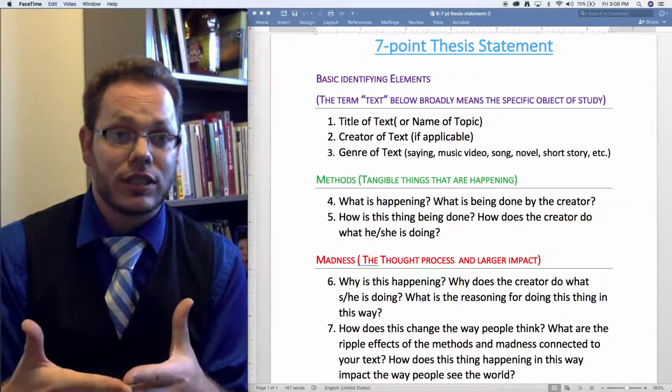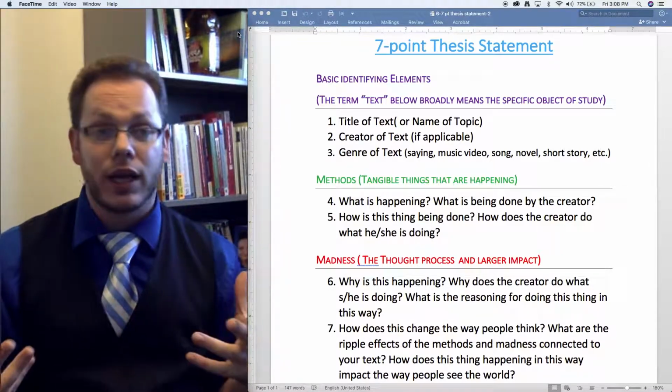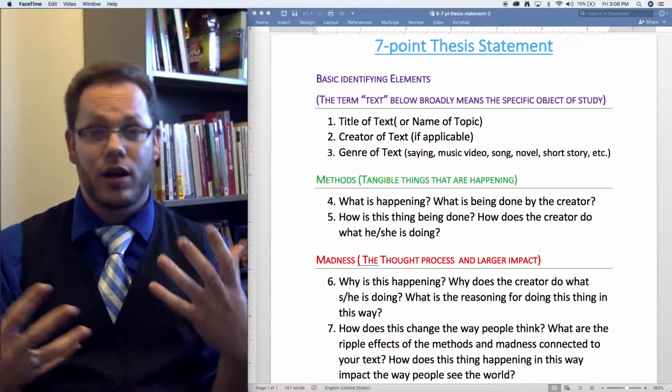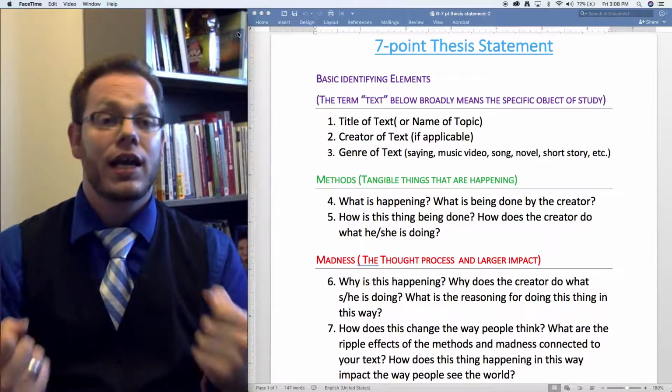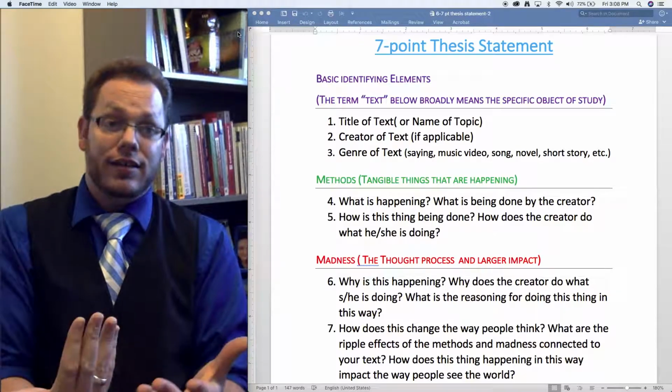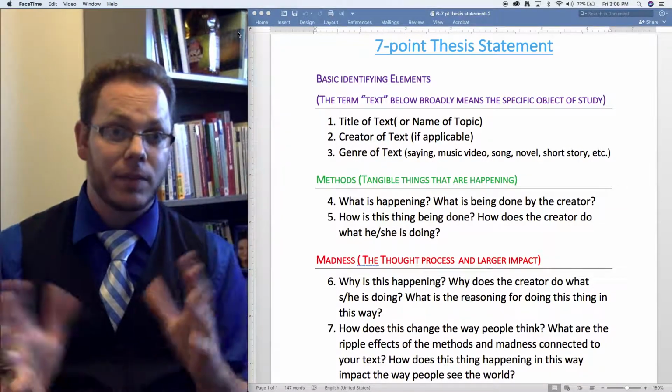Suffice to say, the reason the thesis statement has so much emphasis in so many writing classrooms, and why teachers attack it in a variety of ways and want to see it all the time, is because we're hitting on at least 5 of the 8 aspects of writing, and that's a big deal.